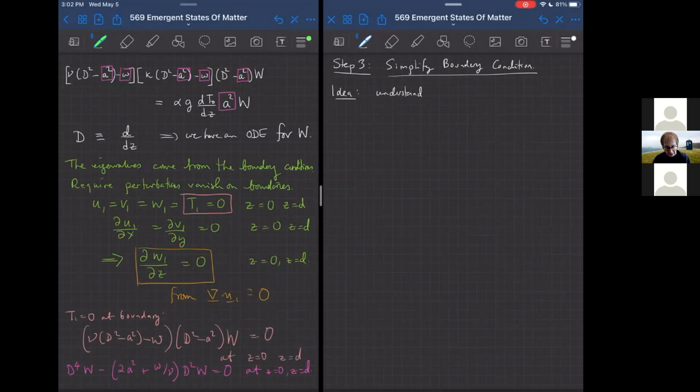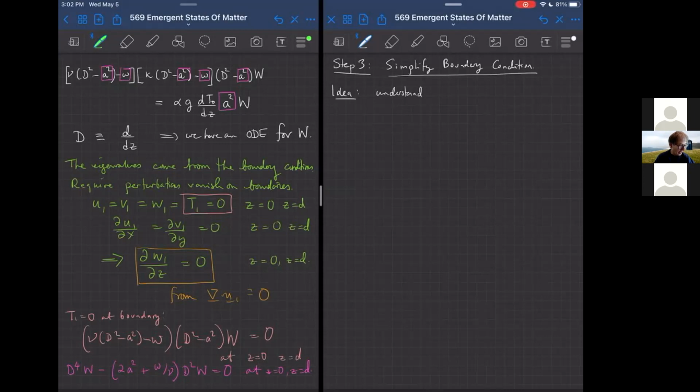So since T1 vanishes at the boundaries, the boundary condition for W is determined by setting the actual equation equal to 0.